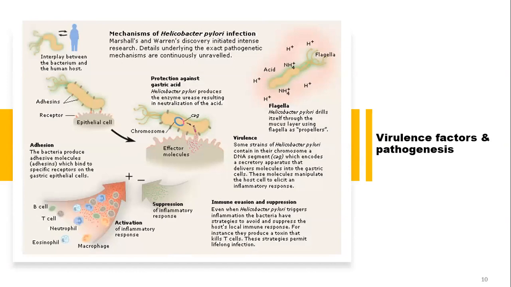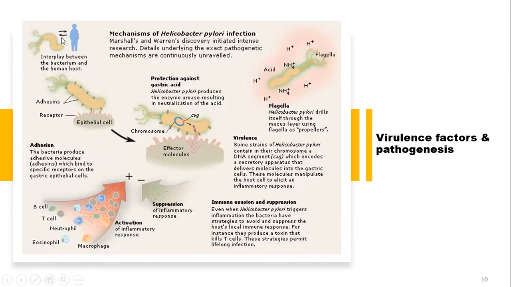There are different mechanisms that the organism has deployed to overcome the protective factors that we have in the gastrum. Now, one thing I want you to note is that the resultant infection is dependent on the interplay between the organism and the human host.